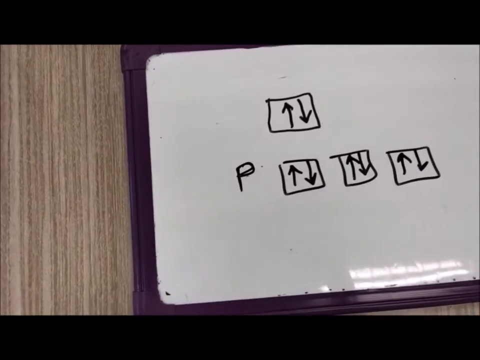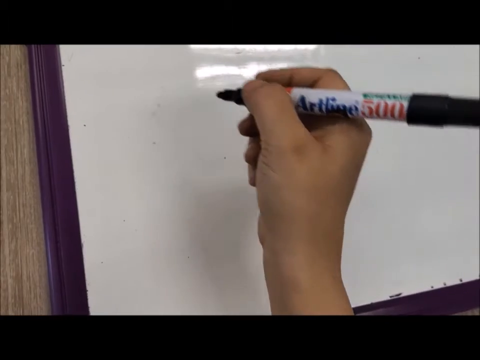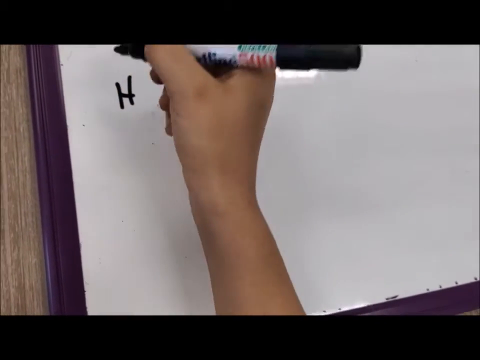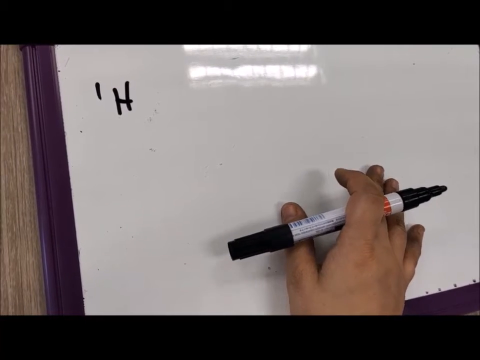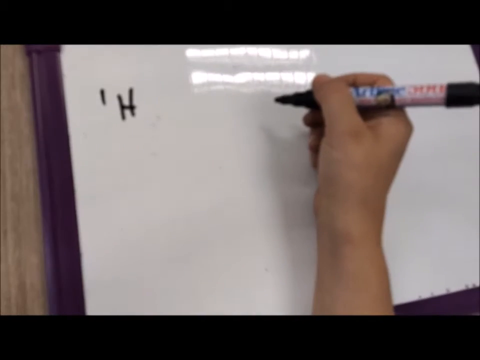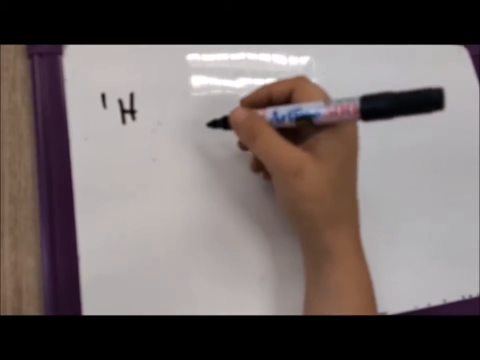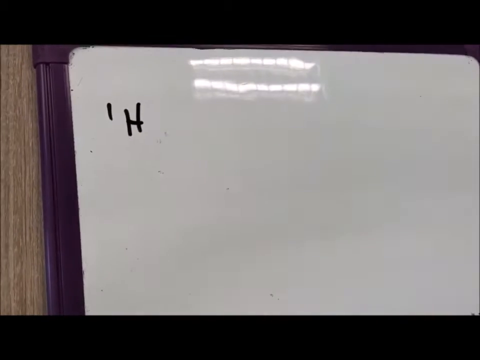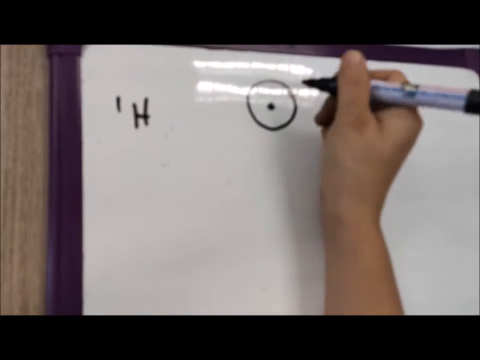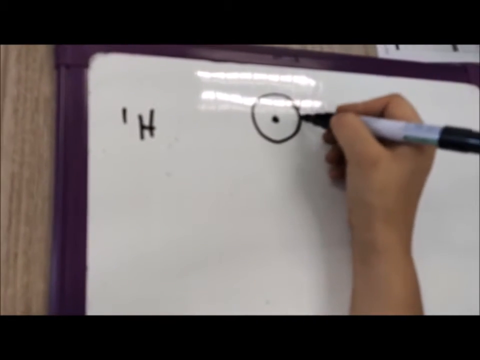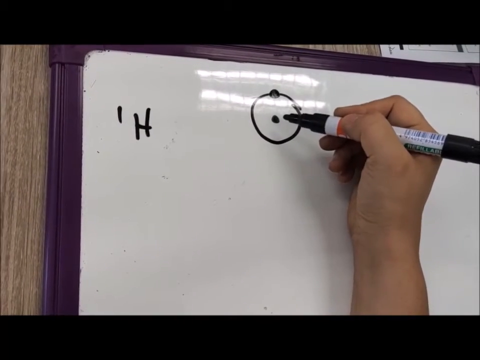Okay? So I give you an example. For example, I start with the hydrogen atom, which has only 1 electron. If I want to write the electrons for the hydrogen atom, we know this is how it looks. This is the nucleus, and there is one electron on the first shell.